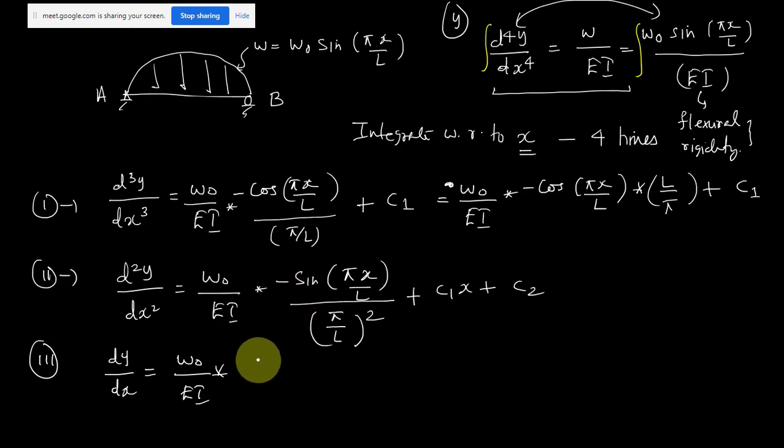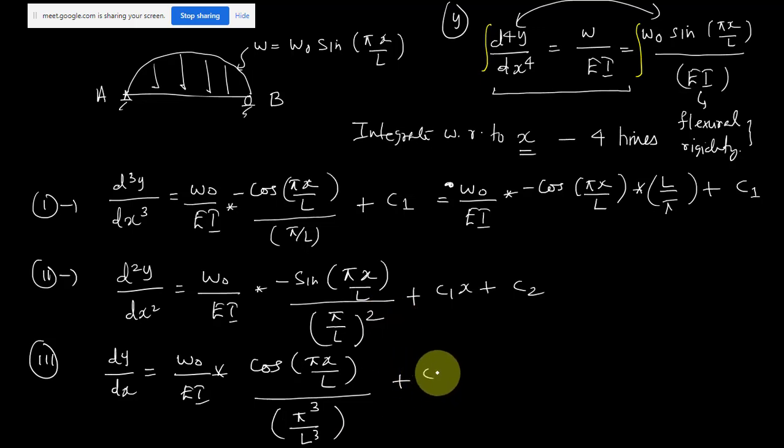It becomes cos, the negative will not be there, cos of pi x by l divided by pi by l. Don't worry about it being lengthy, just understand the concept. So plus c1 x square by 2 plus c2 x, and plus another constant c3.